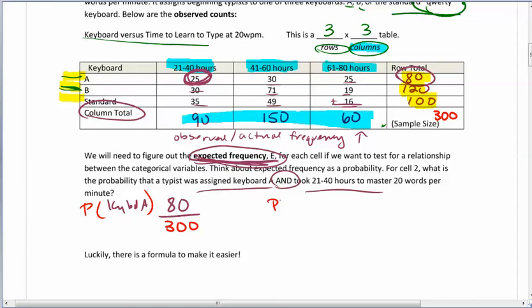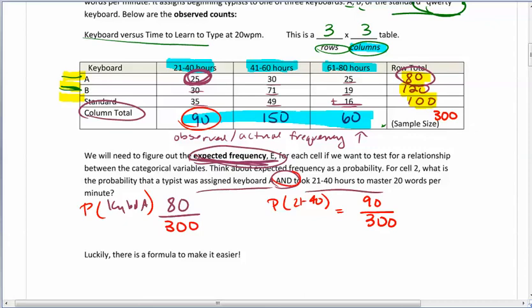Okay. What about the probability that you took 21 to 40 hours to master 20 words per minute? Well, that would be, let's see, 90 people over 300 in the sample. Okay. So we have two probabilities, but they're separate probabilities.